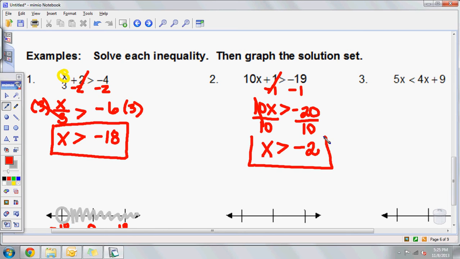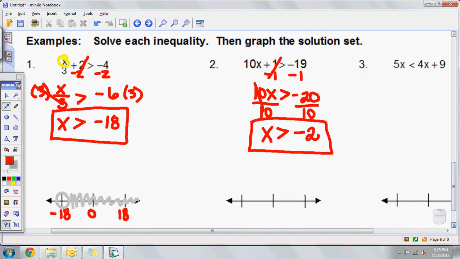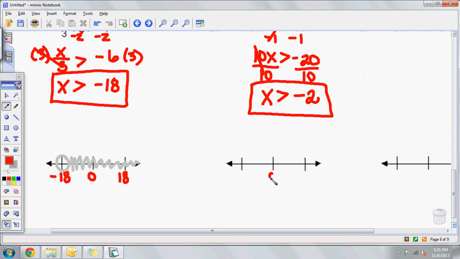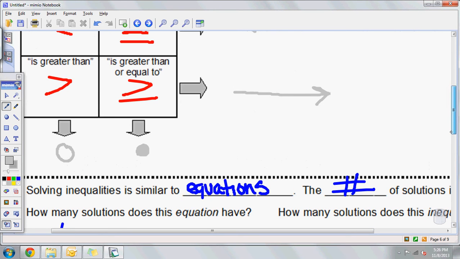We've totally done problems like that with equations. Now we got to graph it. So we have our 0 in the middle, positive 2 on this side, negative 2 on this side. Our answer is greater than again, so I have an open circle. And we're going to shade everything greater than negative 2.